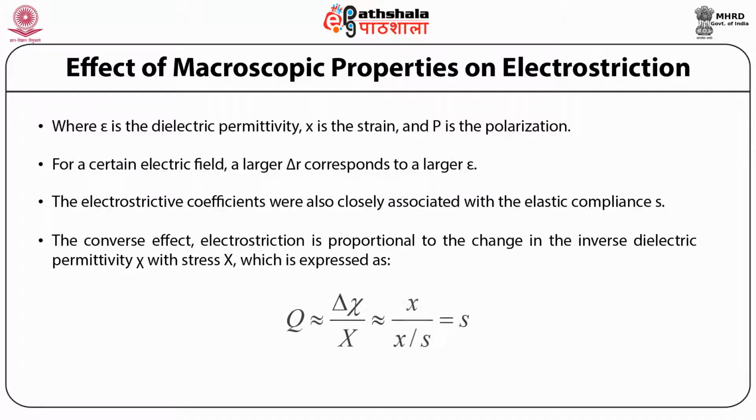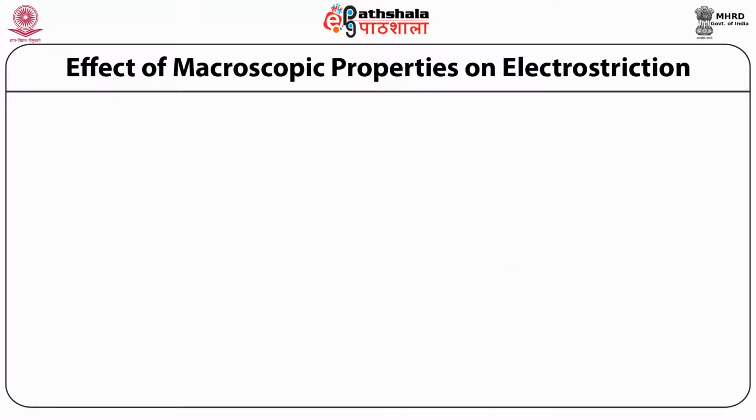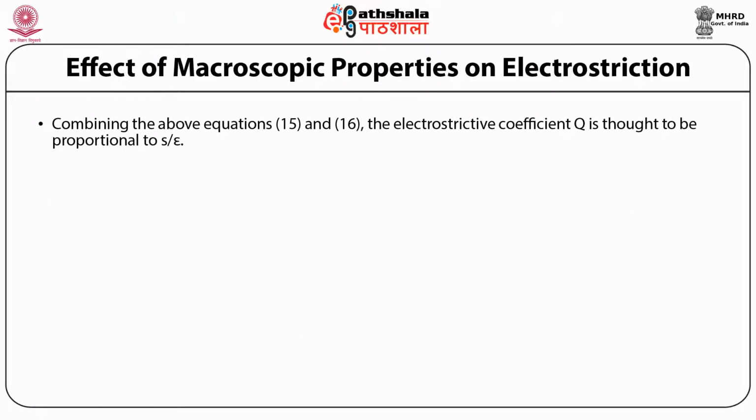That is, Q is equal to delta chi by X, equal to x by S, where Q is the electrostriction coefficient, delta chi is the variation of chi on the stress X, and small x is the strain on the stress X. So combining these two equations, the electrostriction coefficient is proportional to S by epsilon.